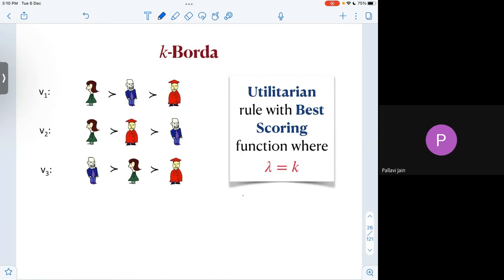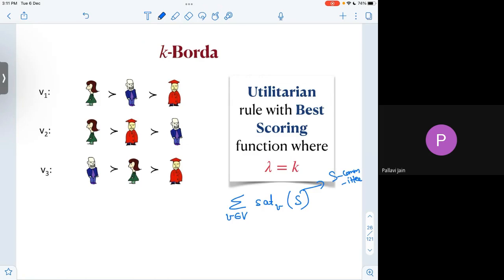So what do we want to do? What is the objective function? Summation v belongs to V of satisfaction of v, where S is my committee. And satisfaction I calculate using the scoring function.